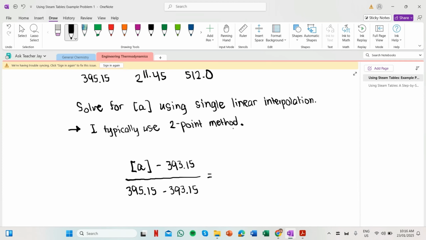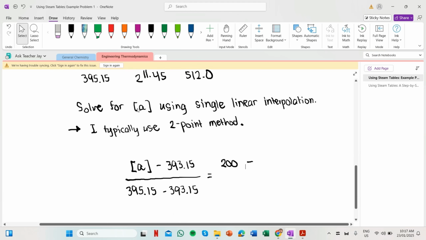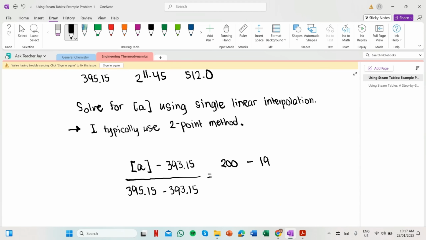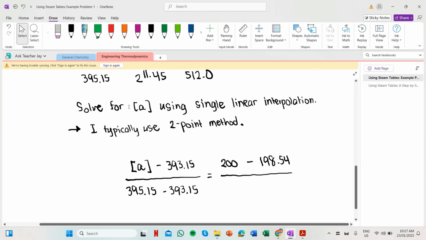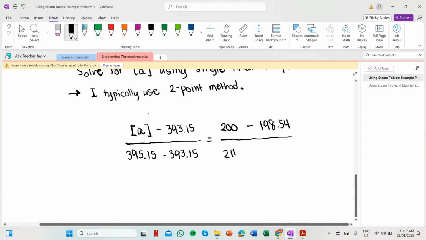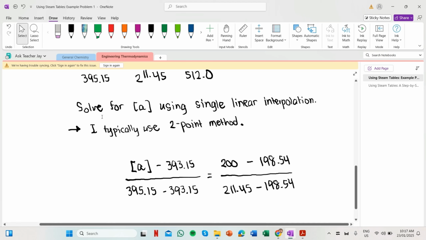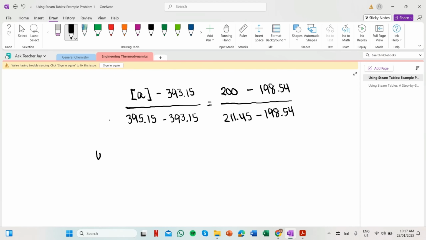So I start with 200, because that is the one in parallel with the unknown, minus the lower limit, 198.54, divided by the upper limit, which is 211.45, subtracted by 198.54. And then again, you use your calculator, using the solver function.